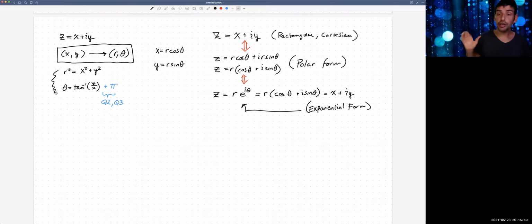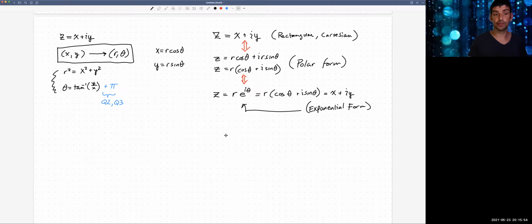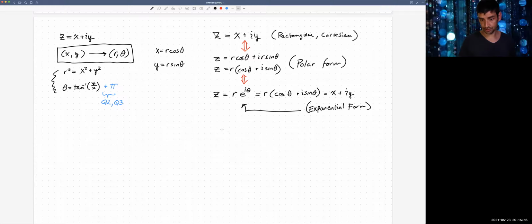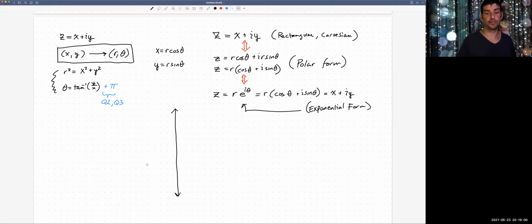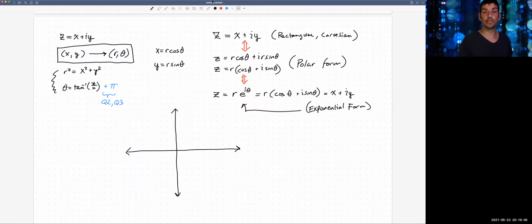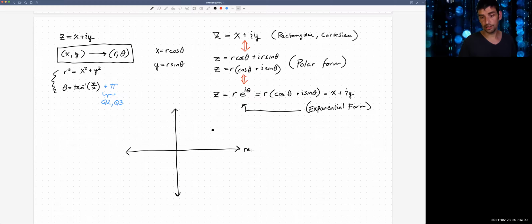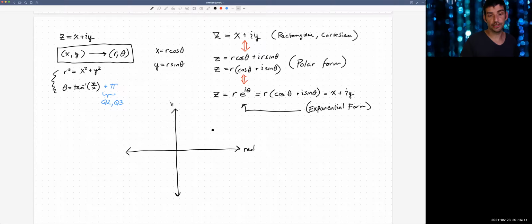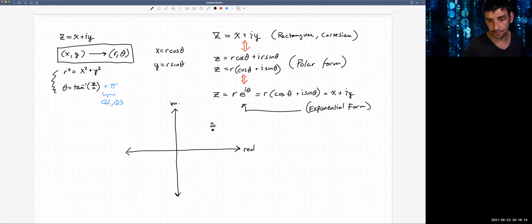Okay, one more definition, and then we'll do a couple of examples with those numbers we had earlier, z and w. Recall when we put these things in the plane, if I put a point in the plane, so this is my real line, this is my imaginary line, this is some complex number, maybe I'll call it z.